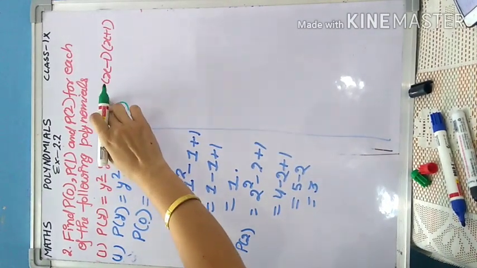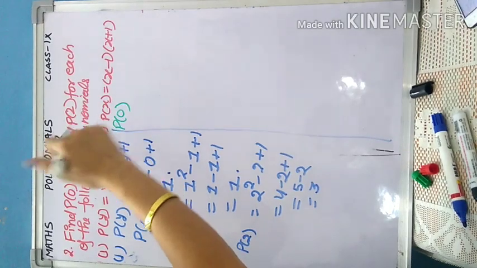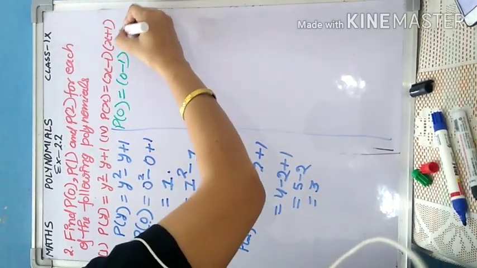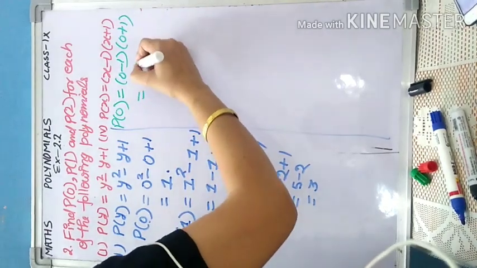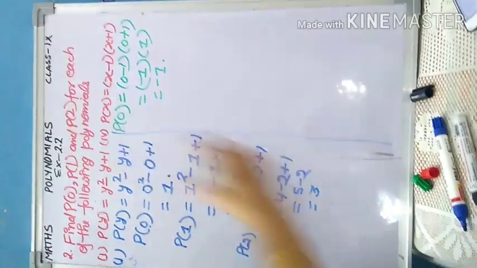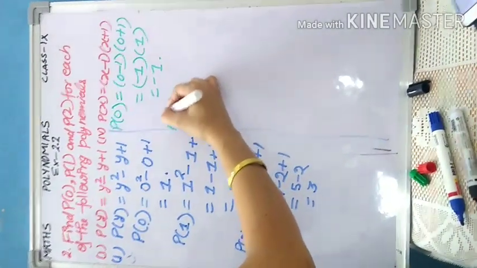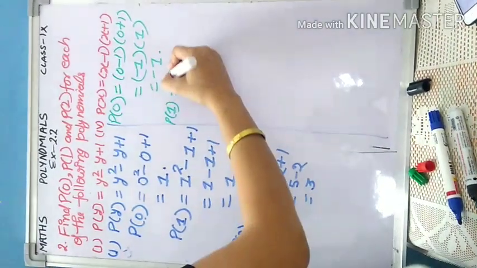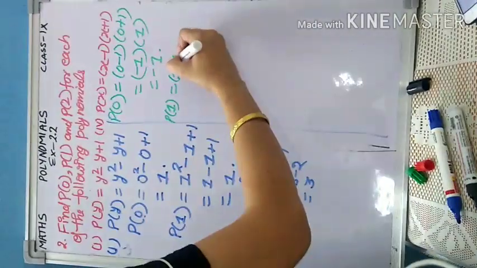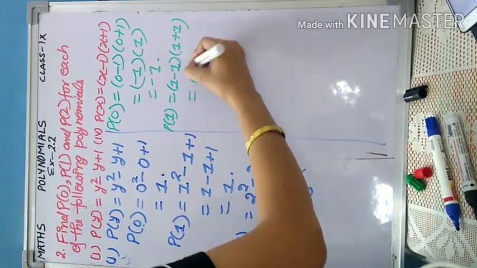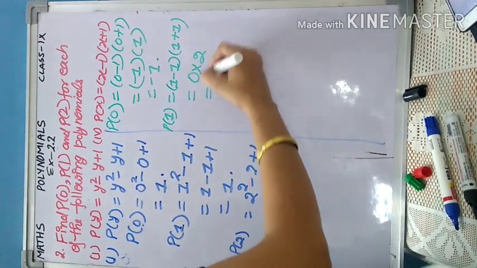Here the variable is x, so we are keeping 0 at the place of x. 0 minus 1 and 0 plus 1, that is minus 1 and 1, simply minus 1. Clear? What about P1? At the place of x we will be writing 1 minus 1, 1 plus 1. This is 0 into 2, that is 0.